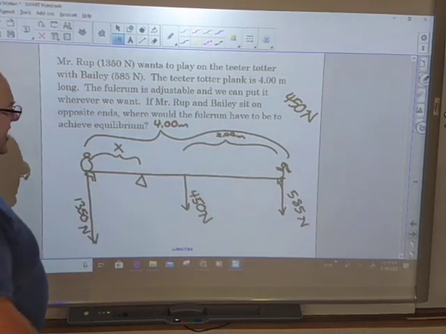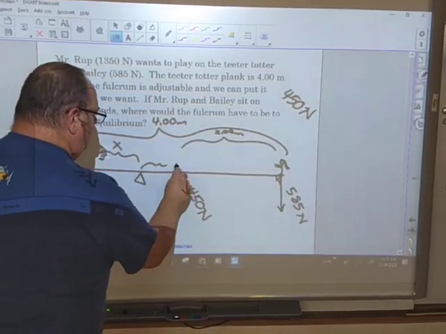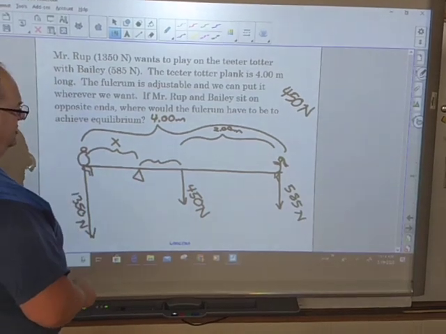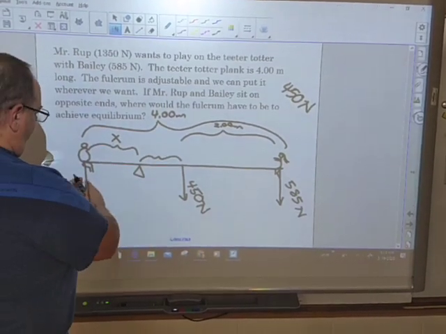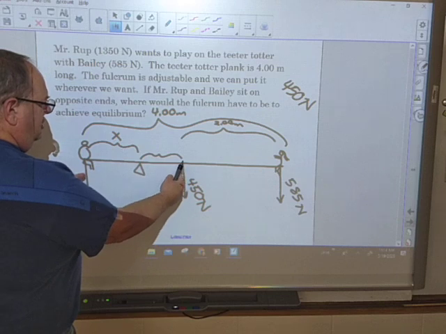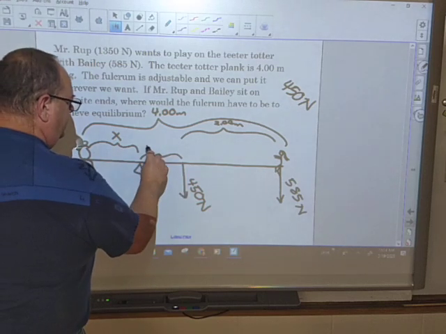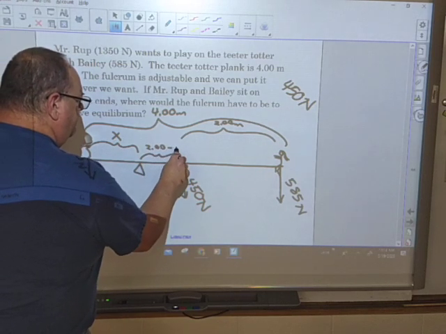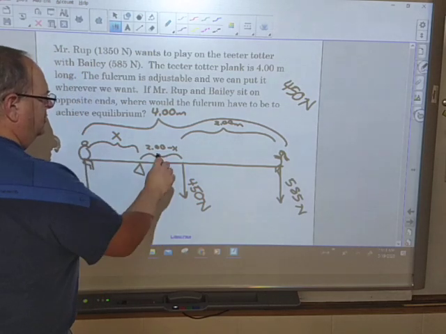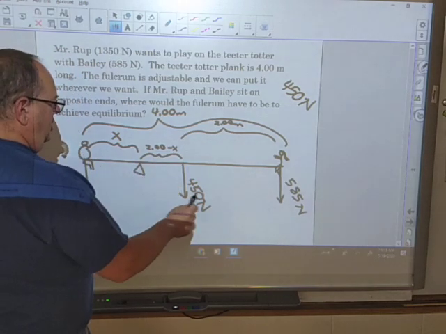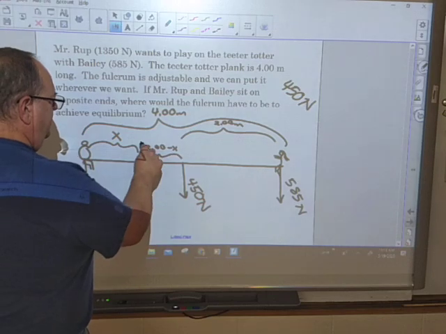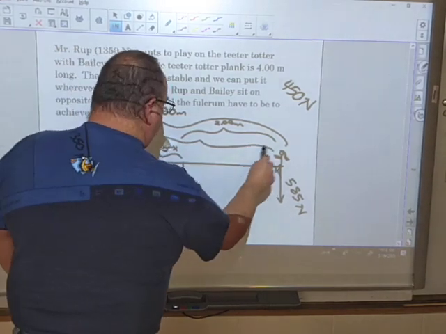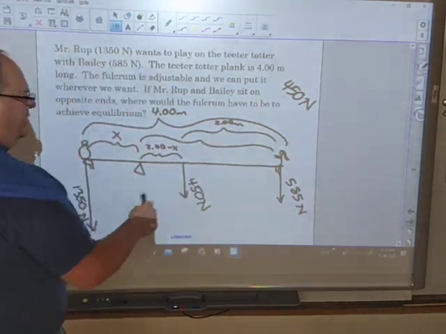Well, if that distance is x, then what's this distance? Well, from here to here is 2 meters. So this would be 2 meters minus x, right? These are in meters. And what would be this distance? Well, that would be 4 meters minus x.